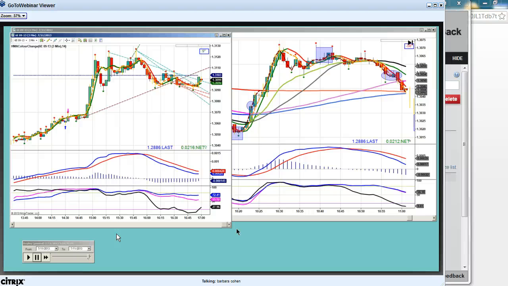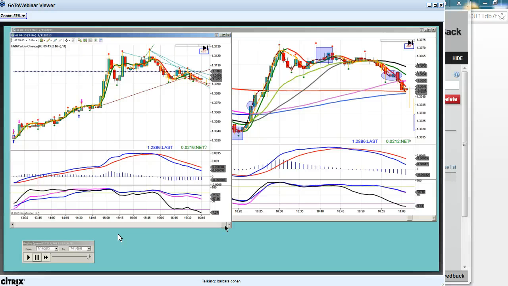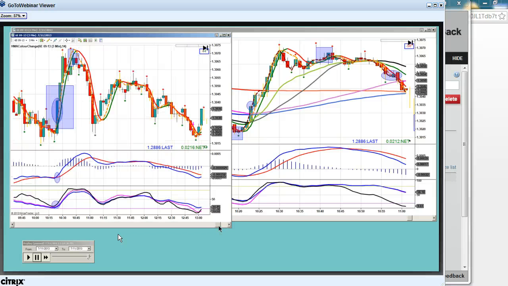Excellent. If you enter on the 3-minute HMA color change, what are you doing with a 1-minute HMA color change? Well, they're the same thing. They're actually going to appear at the same time. Like, let's look at this 1020. The 3 minute is going to come slightly after, like here.